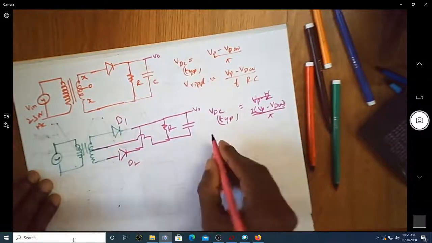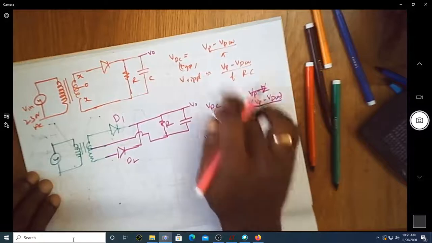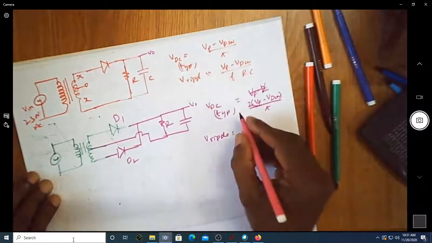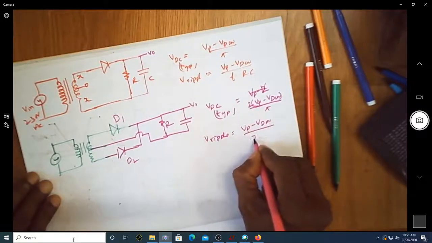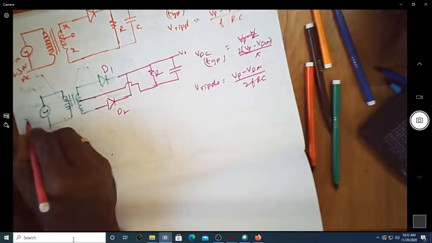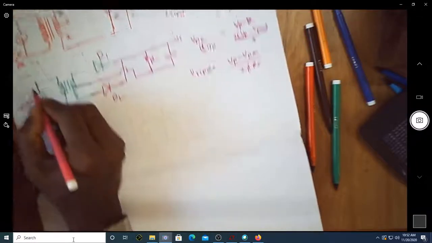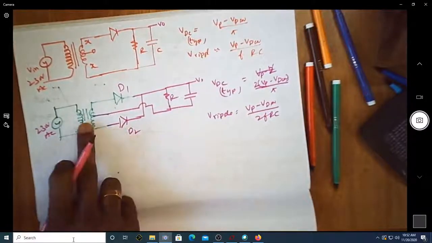Then what is V ripple? Actually you can see VDC will double, whereas V ripple will reduce by 2. It is Vp minus Vd on by 2 FRC. This is again a 230 volt AC signal source. This is for the full wave rectifier.